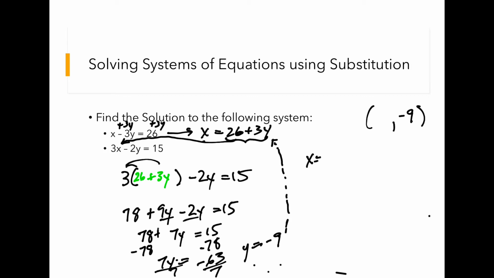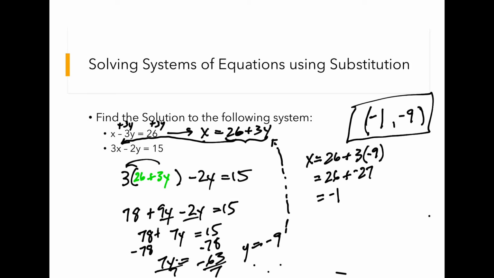So putting it in there, I have 26 plus 3 times negative 9. So that's 26 plus negative 27. 9 times 3 is 27. And if we add those together, we get negative 1. And so my solution is negative 1, negative 9. That is the ordered pair where these two equations intersect with each other.